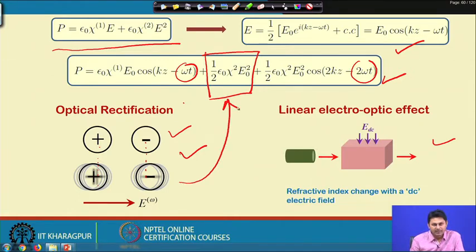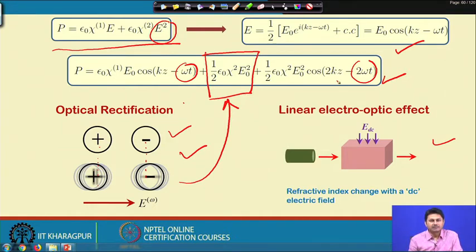So, I am launching an electric field which has a frequency component. When this electric field has a frequency component, in my polarization term, if I include the higher order effect E square, there is a frequency component 2 omega, and also one term which we call the DC term. On top of the DC term we have a frequency component 2 omega.